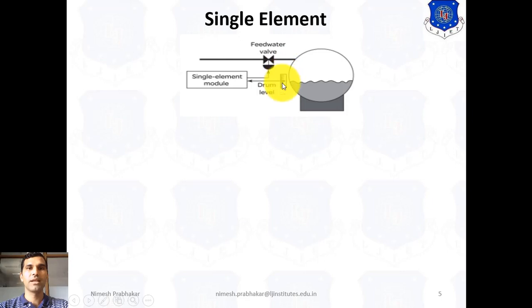It indicates the water level inside this drum and sends a signal to this controller. The controller matches this signal with the desired value signal, and if it does not match, then it opens or closes the valve. That means it regulates the water flow into this drum. So this is a simple diagram of the single element system.